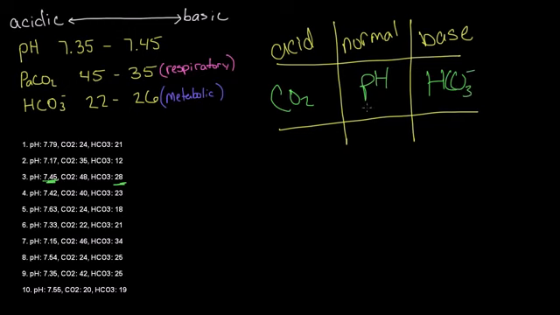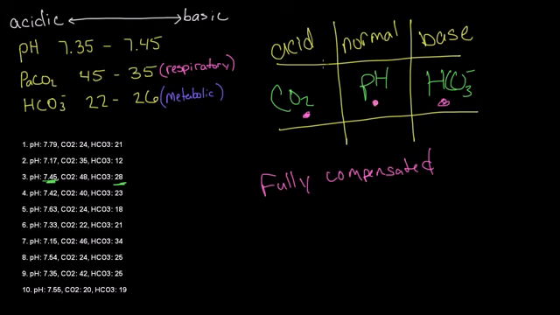Okay, so when this happens, when our pH is normal and our other two parameters are both abnormal, we know that we have a case of full compensation. So we can write down fully compensated. In this case, both of these are abnormal.